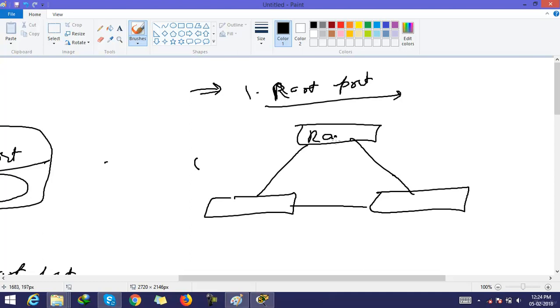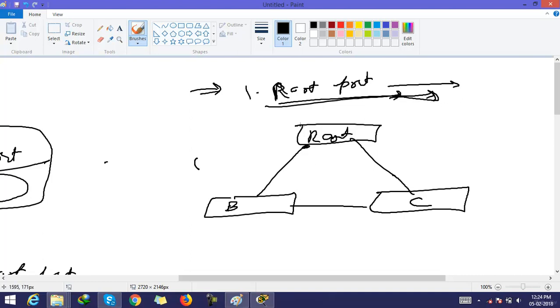This is our root bridge, and these are bridge B and bridge C. As I already mentioned, the root port is the port by which we connect to the root, and it has the least cost to reach the root bridge.